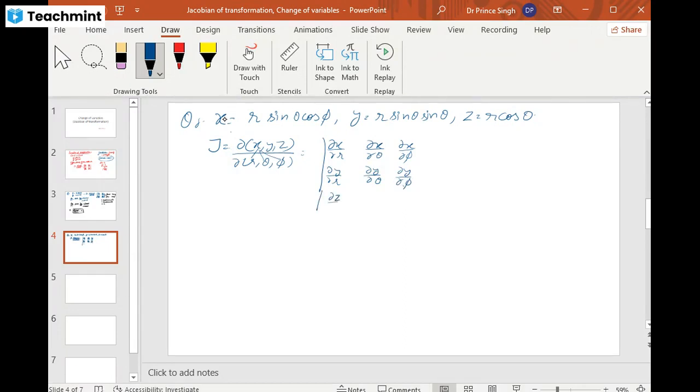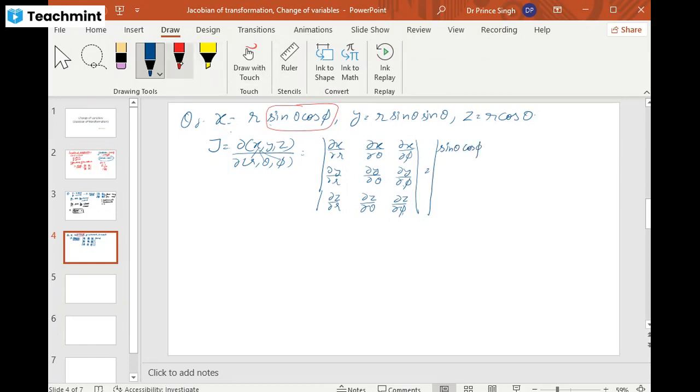Now the third row: z with respect to r, z with respect to theta, and z with respect to phi. So, the derivative of x with respect to r: if I differentiate with respect to r, then theta and phi are treated as constant, which means this whole term is constant, and the derivative of r with respect to r is 1. So its value comes out to be sine theta cos phi.